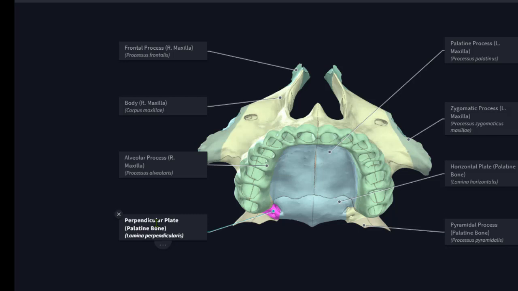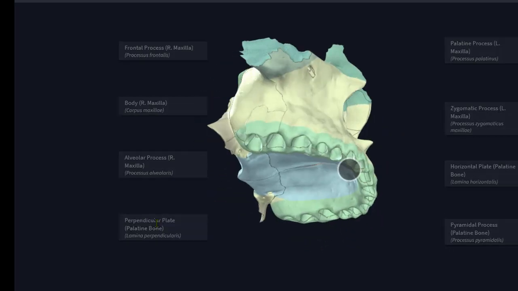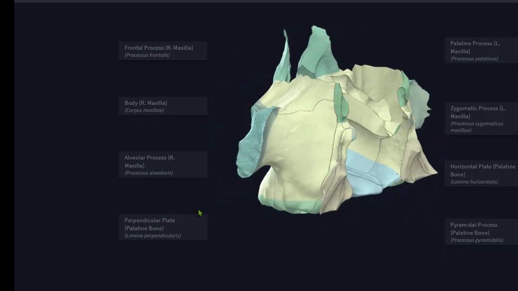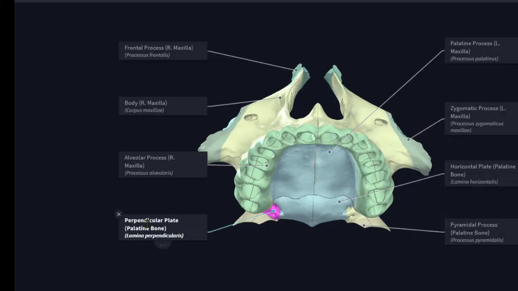If you see the perpendicular plate, it is going just upward in this way. Here you can see this is the transverse plate of the palatine bone, and here you will find the perpendicular plate of the palatine bone. The perpendicular plate of the palatine bone you can see over here from the inferior side also.